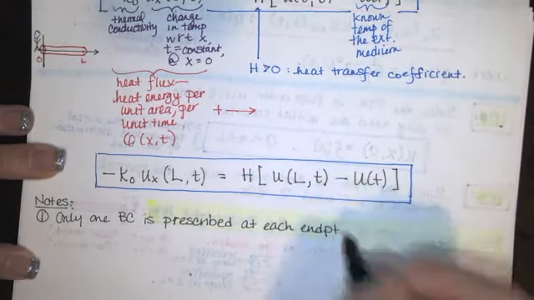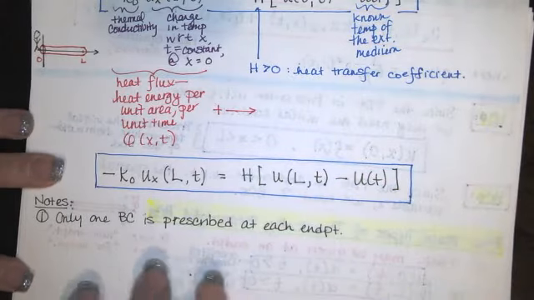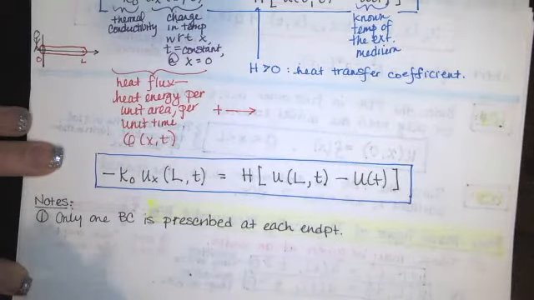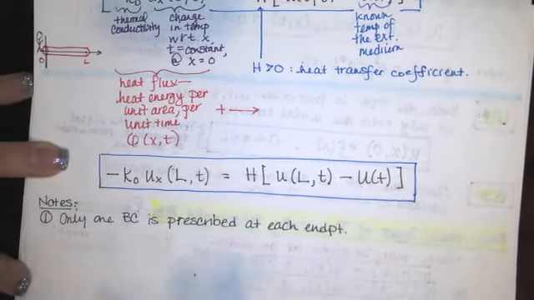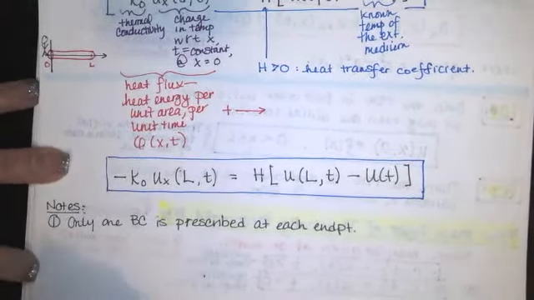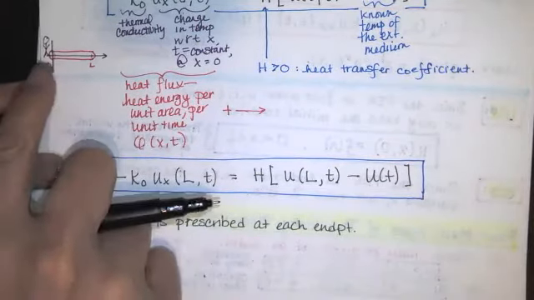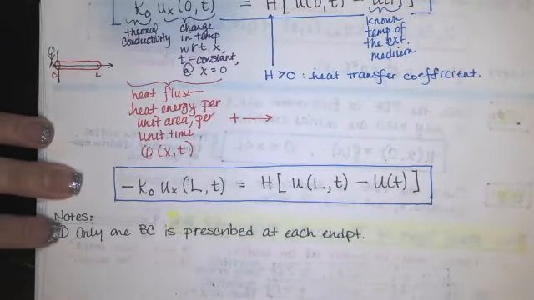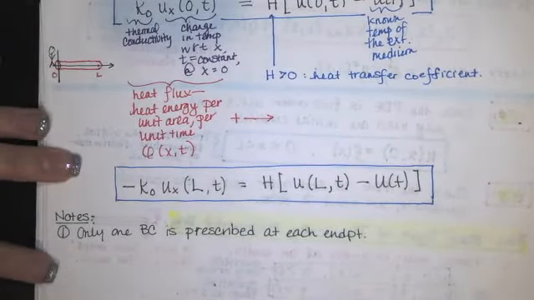Some students might say, well, maybe I can talk about what happens at x equals 0 and maybe talk about flux at x equals 0 or something else. No, you want one boundary condition at x equals 0 and one boundary condition at x equals L. And that will allow us to find that u of x and t, that temperature function that we're looking for.